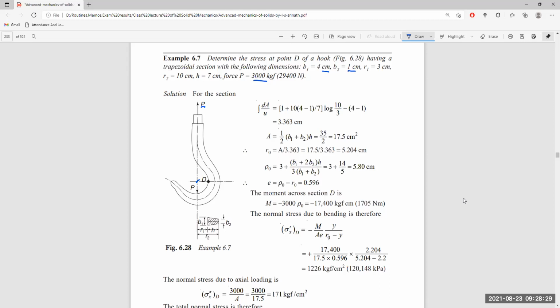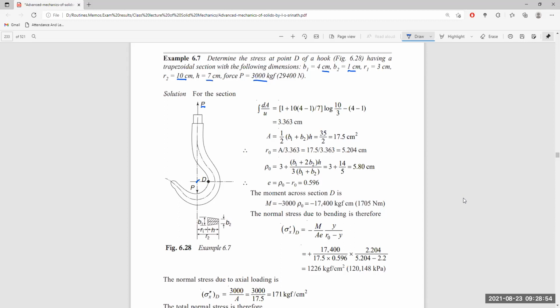R1, the distance from the center of gravity to B1, is 3 centimeter. And R2, the distance of the center of curvature from the extreme fiber, is given as 10 centimeter. Height H of the trapezoid is 7 centimeter.